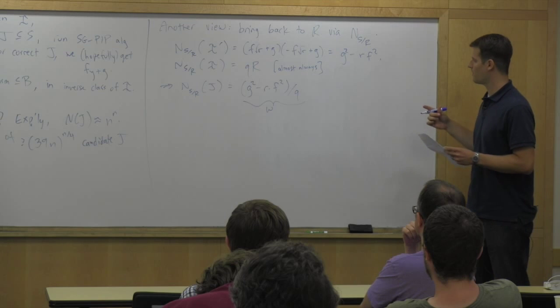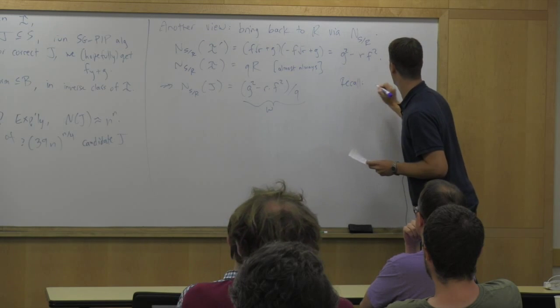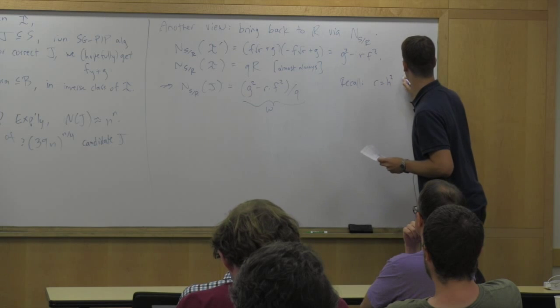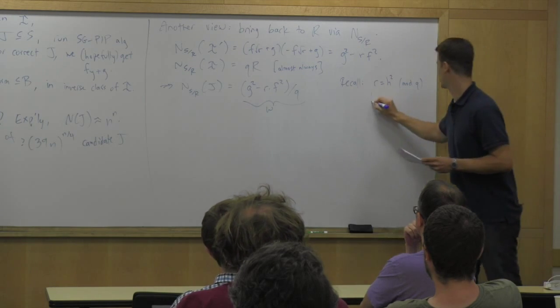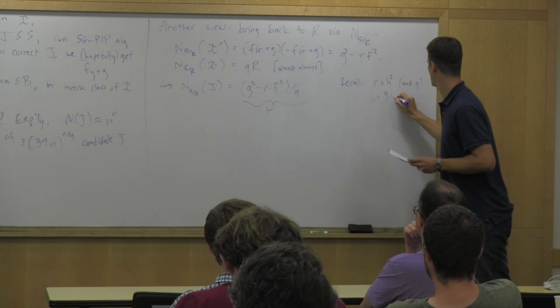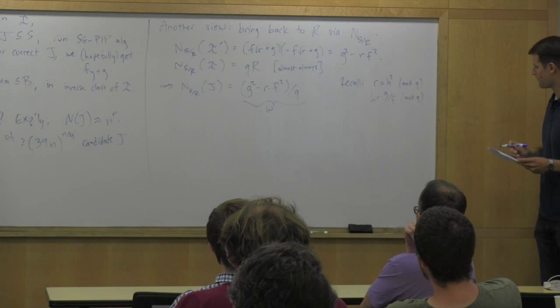Remember that R is congruent to H squared modulo Q, and H equals G divided by F mod Q. Those are the main relations.